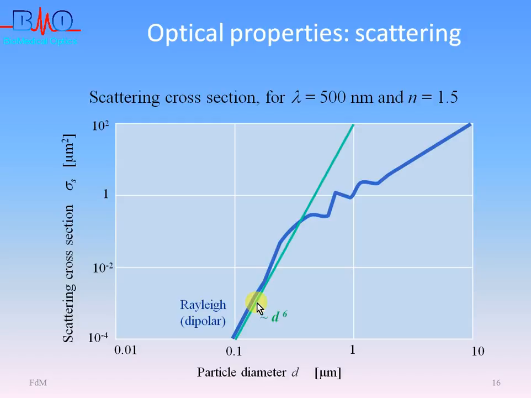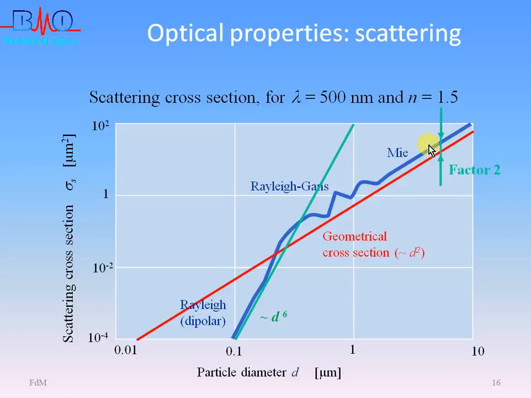Then the scattering cross-section will be proportional to the diameter of the particle to the 6th power. Then we have an intermediate region where Rayleigh-Gans scattering is applicable, and for larger particles we have Mie scattering, and for even very large particles we have a scattering cross-section that is twice the geometrical cross-section. We will come to this figure frequently. We start with Rayleigh scattering.